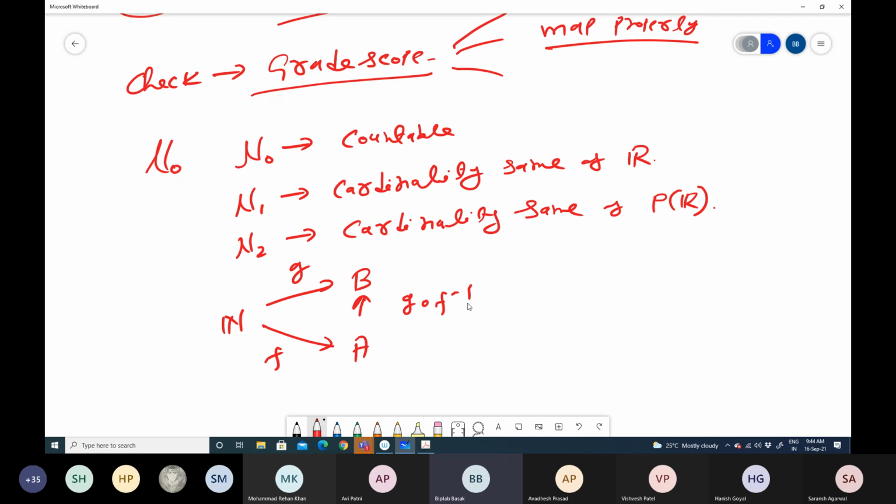Sir, they will have the same cardinality if they are countably infinite. Otherwise, one can be finite and another countably infinite, but they do not have the same cardinality.